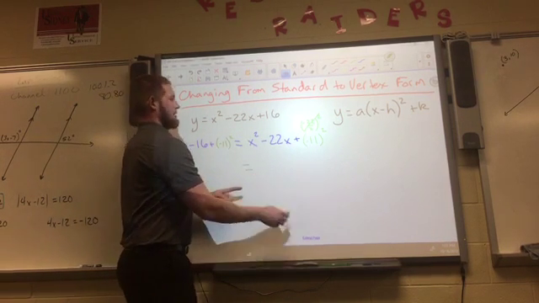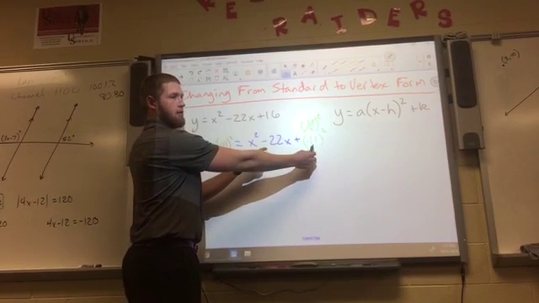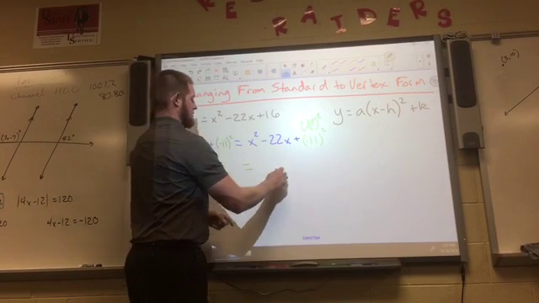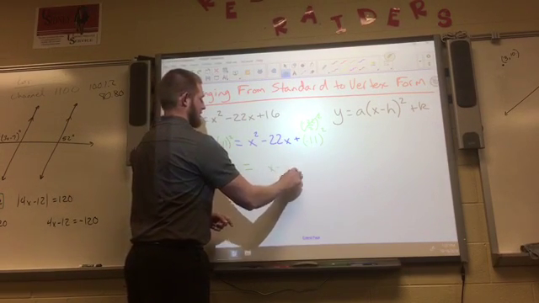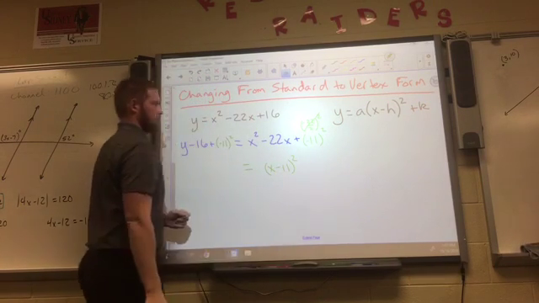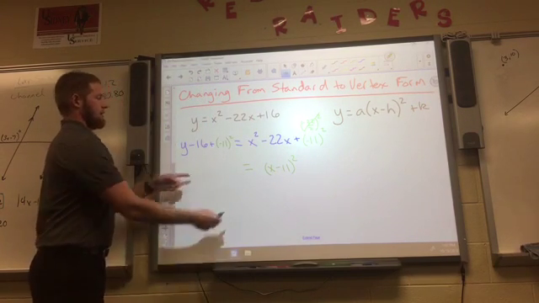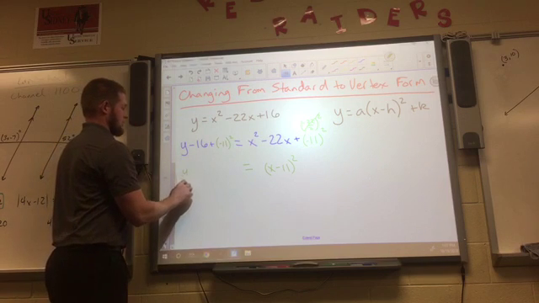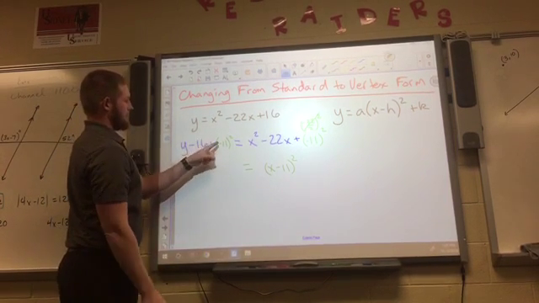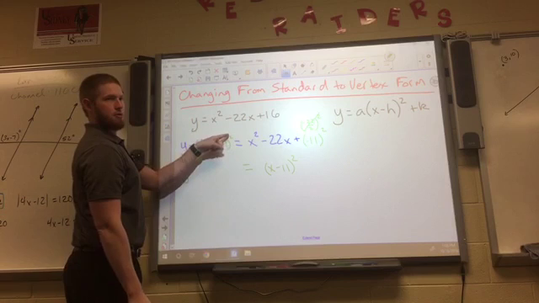On the right side, what should this factor to then? x minus 11 squared. It should factor to x minus 11 squared. On the left side, I still have y, but I have negative 16 plus negative 11 squared, which is 121.